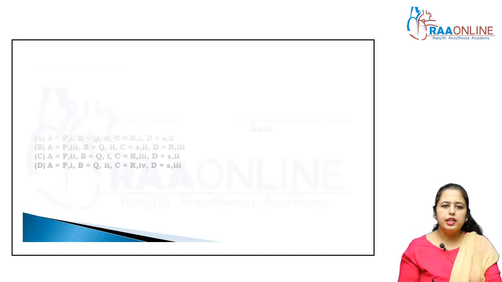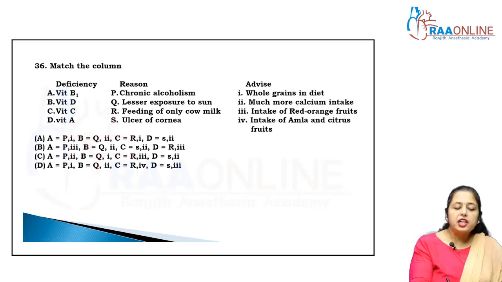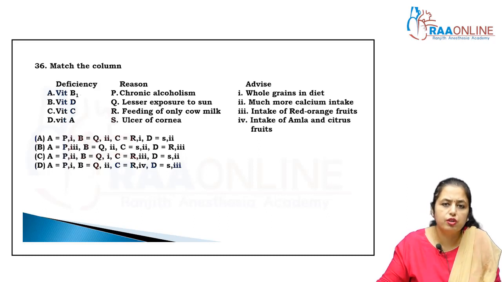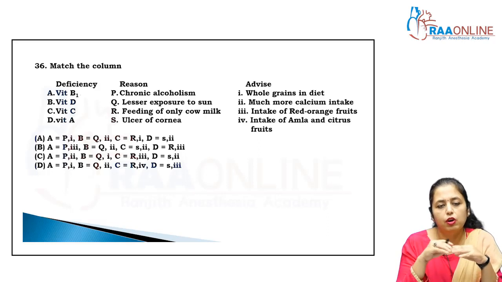Now come to the next question. Match the column. Vitamin B1: this is due to the deficiency of this vitamin, right? What is the reason of these deficiencies, and what do we have to do to subside the deficiency symptoms?